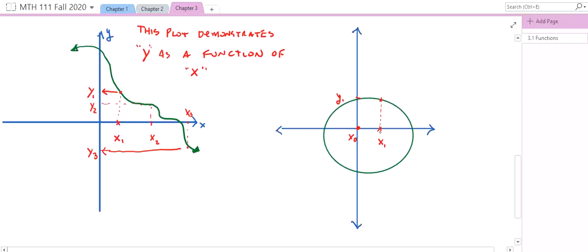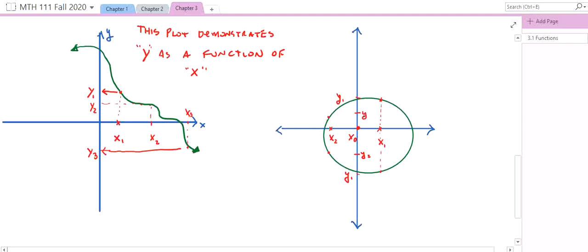But if you'll see for both of these, for this x1, I have also y1 down here, so I have two different values of y. And the same deal for x0, two different values of y. And they're actually pretty close to the same value. That's just a coincidence.